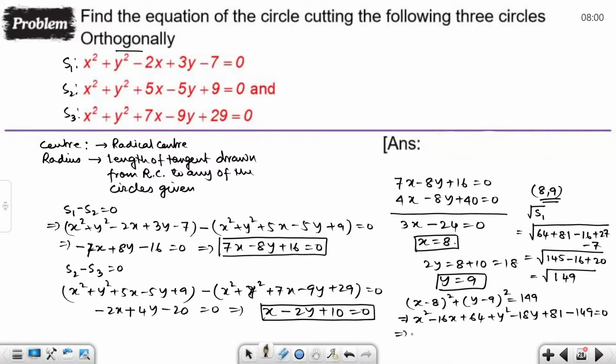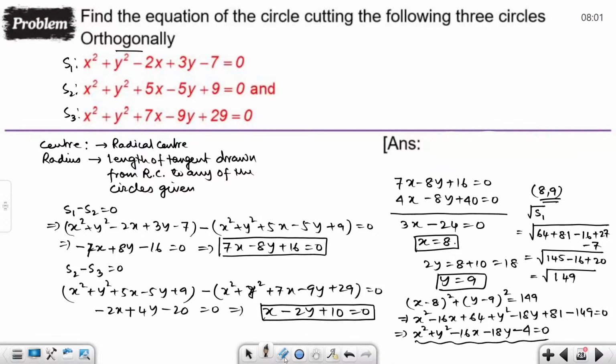So if we simplify, we are going to have x square plus y square minus 16x minus 18y plus 145 minus 149 equals 0. So that gives us minus 4, right? So that gives us minus 4. So my final equation of the required circle will be this. Is it clear to all?